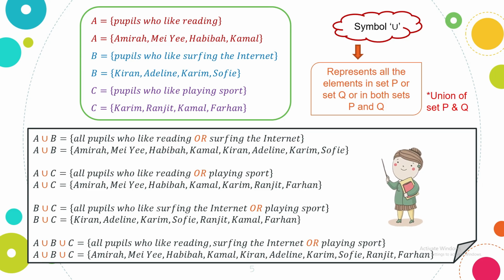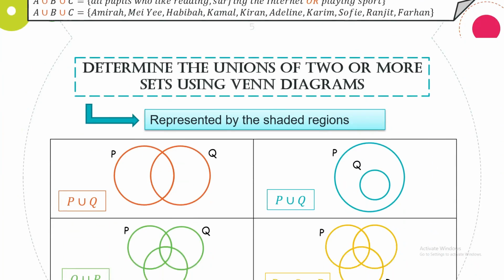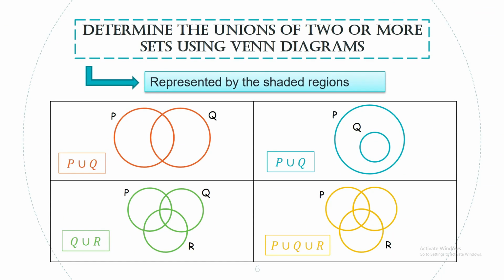Okay, next. How to determine the union of two or more sets using a Venn diagram. To determine the union, we must represent it through the shaded region.